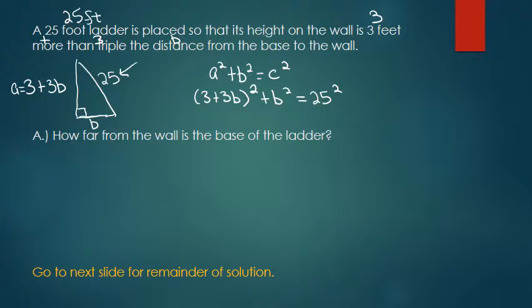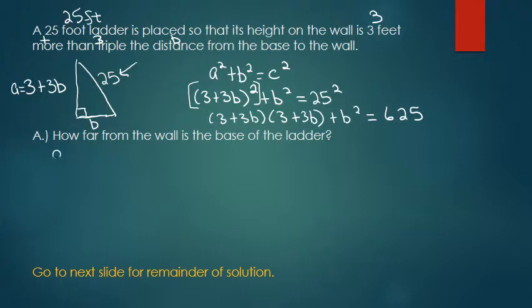Now, it's very important that when we see this, we remember that what we're actually doing is that binomial times itself. This means that we have to FOIL, or we're distributing both terms to each binomial as we multiply. Okay, and then 625. So I'm going to go ahead and do my FOILing.